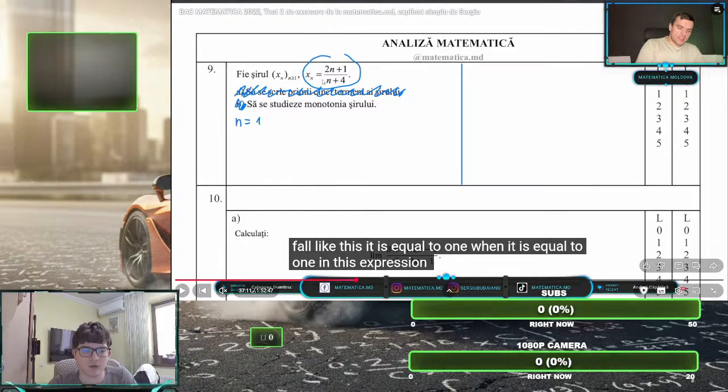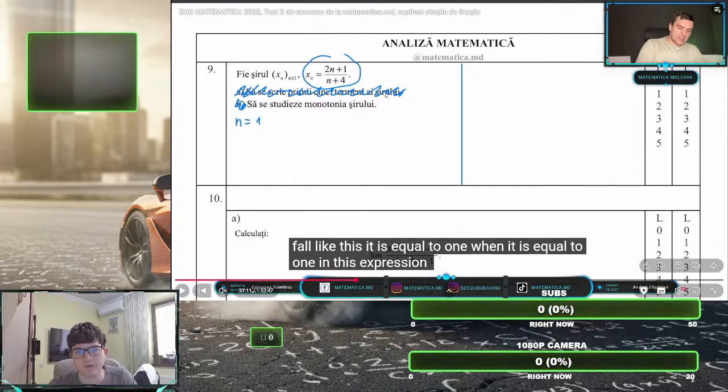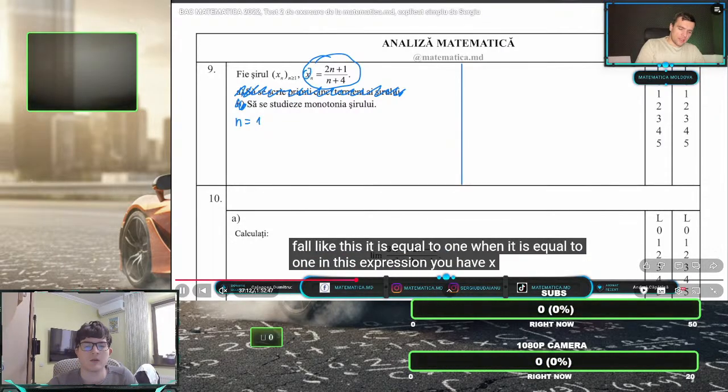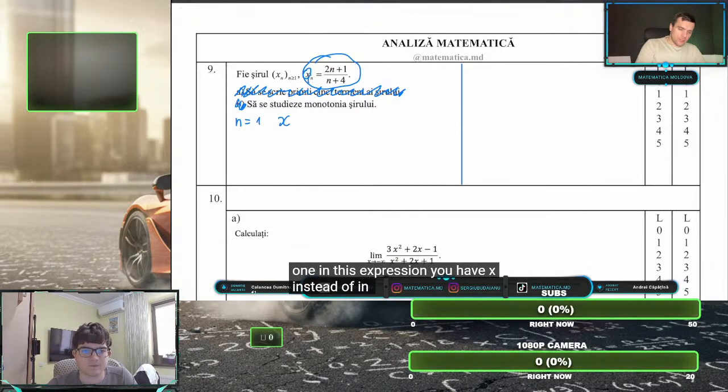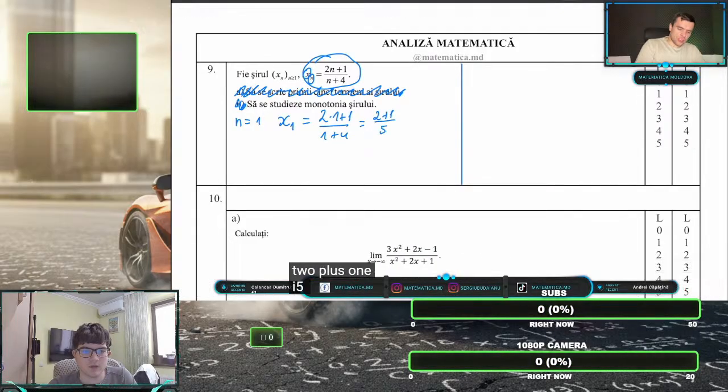You do 2 minus 1 in terms of x, and in terms of what you get, it's either positive or negative, so write that down. If it goes down, it's strictly going down. If it goes up, strictly goes up, stuff like that. In the response, so x1, boom, that, divided by 5, 3 divided by 5.